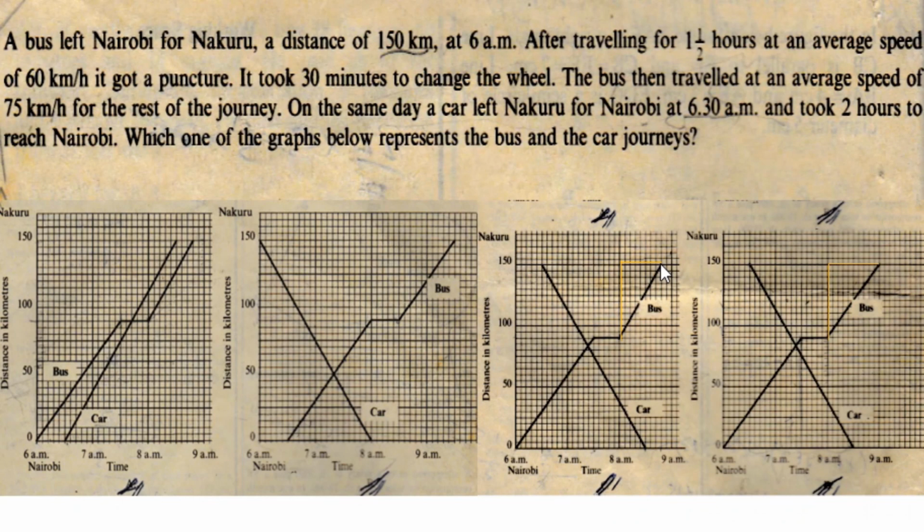When you simplify that, it becomes 4/5 of an hour. So we are now dividing 60 by 4/5. This means 60 times the reciprocal, 5/4, which gives us the 75 we are looking for. 15 times 5, 75 kilometers per hour.